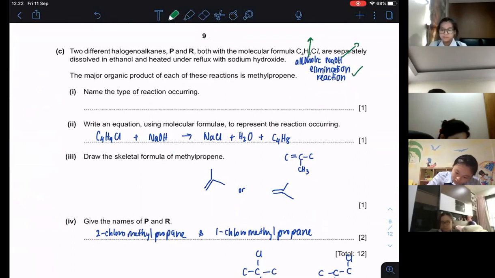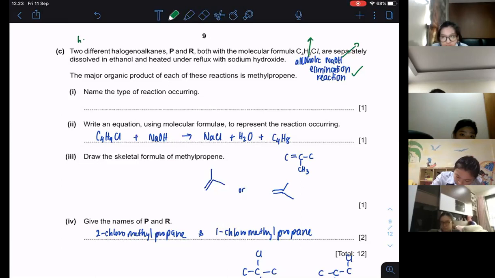You can go and check this under halogenoalkanes. There are a total of 4 reactions: reaction with ammonia, reaction with NaOH, reaction with KCN in ethanol, ammonia also in ethanol, and then if you have NaOH in ethanol, then it's elimination. So total 4 reactions.